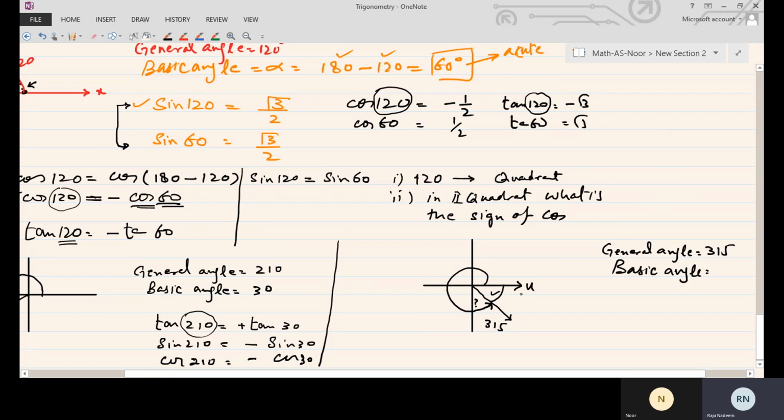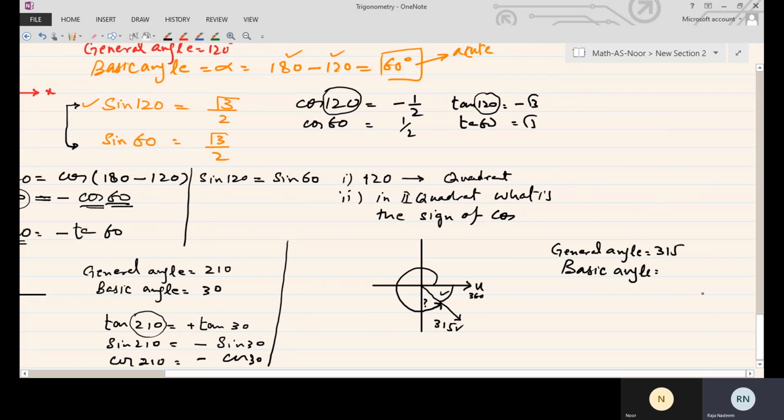Okay, so for this basic angle, when you take a complete round, the angle would be 360. You'll subtract the given angle from 360. So the basic angle would be found as 360 minus 315. It is 45 degrees.